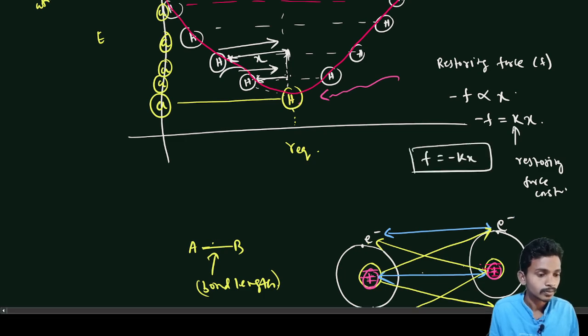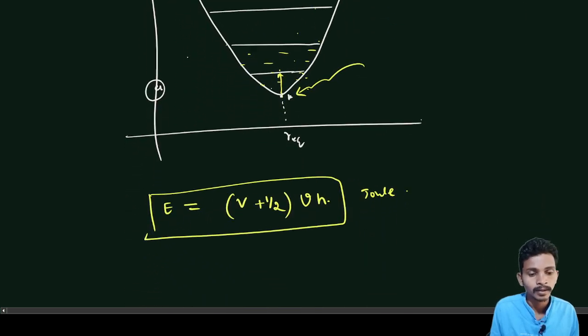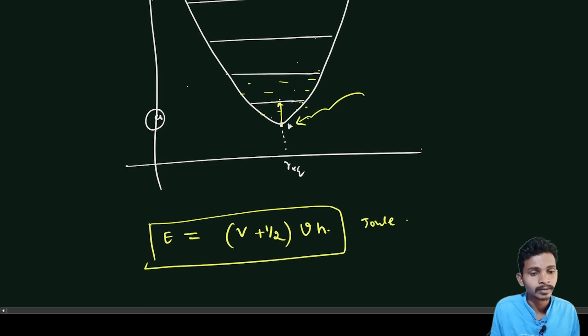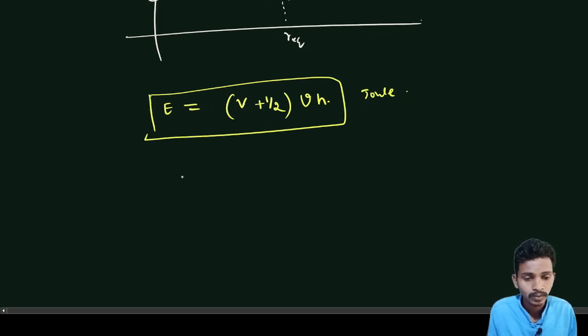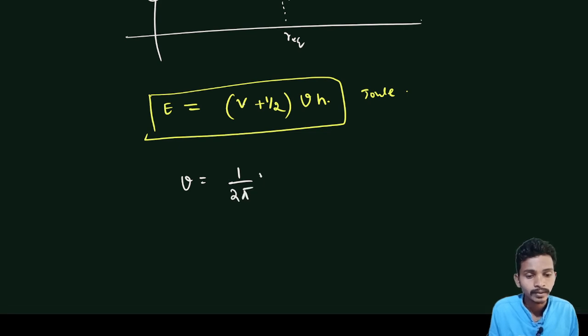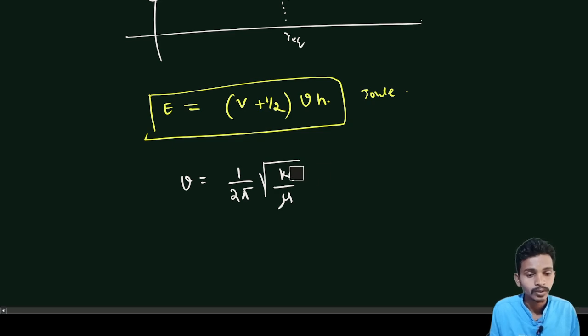Okay, so now let's go to this. For doing these energy levels, we use these equations. Now, what do you mean by this nu? You know how to calculate the nu. Nu is actually 1 upon 2 pi times the square root of K upon the reduced mass, and this K is the restoring force constant.